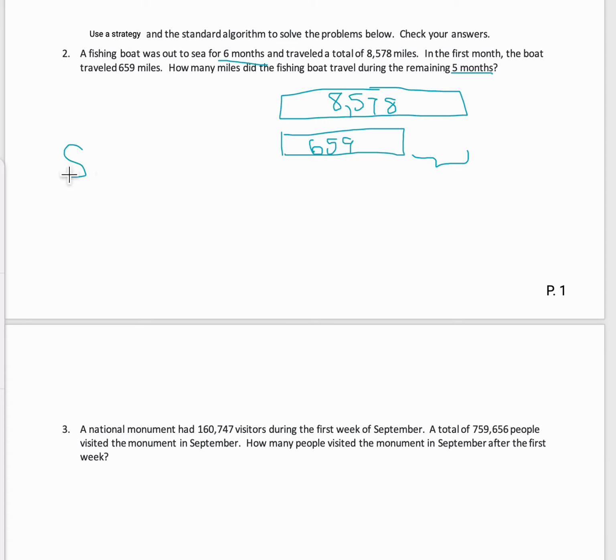We take 8,578. Then we subtract 659. Make sure you line them up in the correct place value. All right. Boom. You will solve and then give a sentence. Okay?